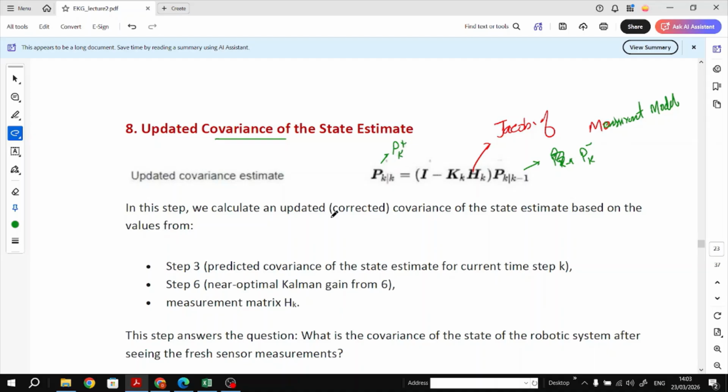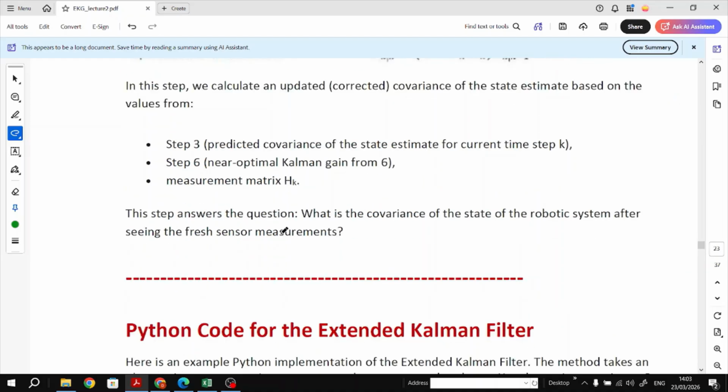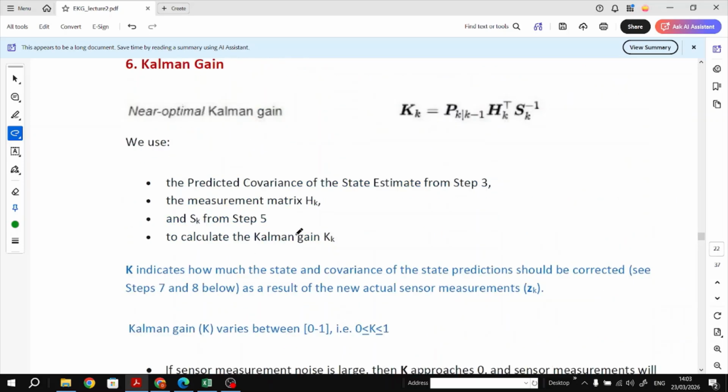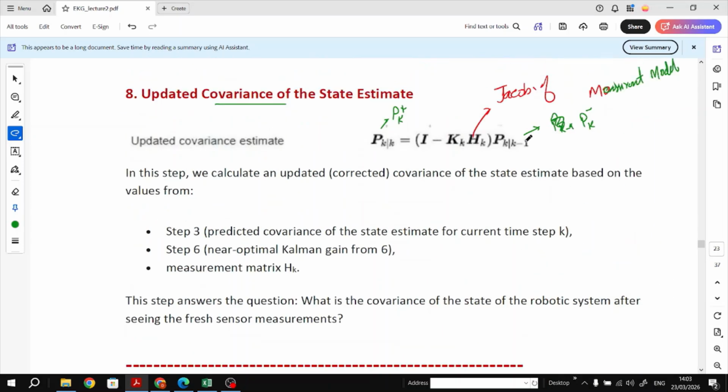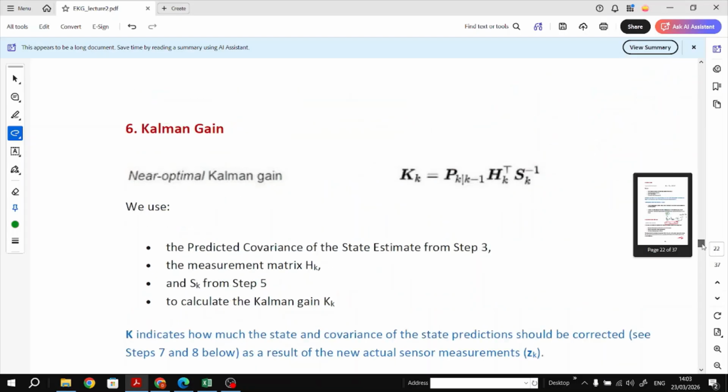This equation actually has two forms. One is this one, which is simplest: (1 minus KH) multiplied with the P. But in some books, it is more.